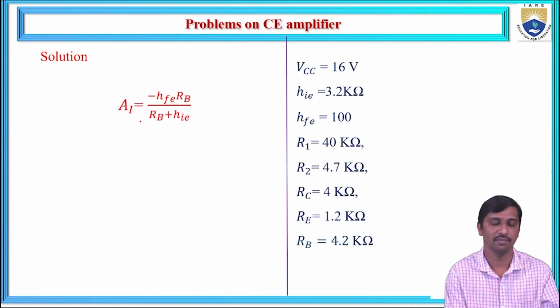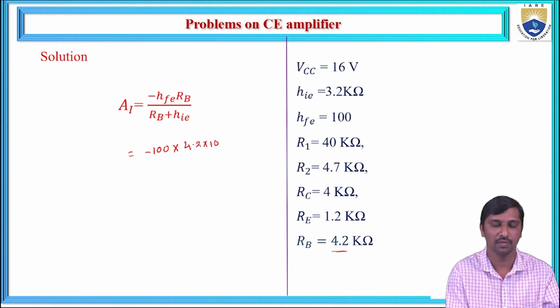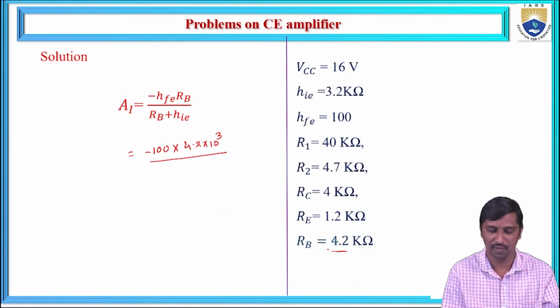So here, the current gain from the h-model analysis. We need to recall these formulas. From that, we know that the current gain is represented as minus hfe times RB by RB plus hie. Where hfe value is 100, hence this is minus 100 into the base resistance RB, which we got as 4.2 kilo ohms, hence 4.2 into 10 power 3 by RB, again 4.2 into 10 power 3, plus hie value is 3.2 kilo ohms.